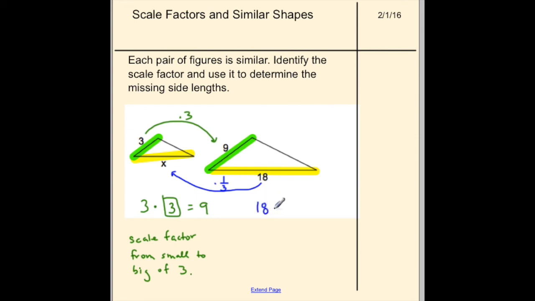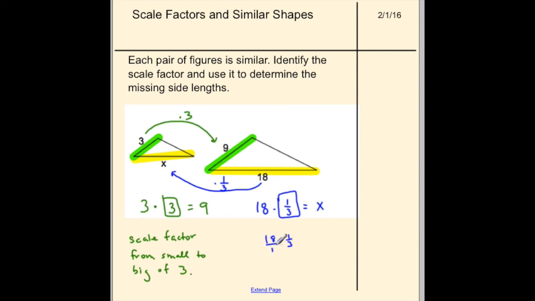We've got 18 times something, and I'm going to write that as 1/3, is going to give me whatever this x is. So the scale factor going back is the inverse of the scale factor coming the first way. So in other words, 18 times 1/3.